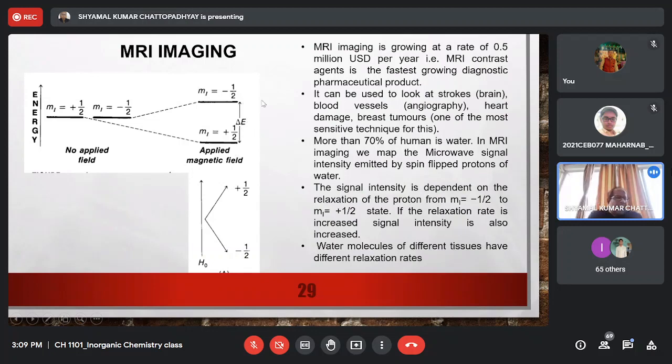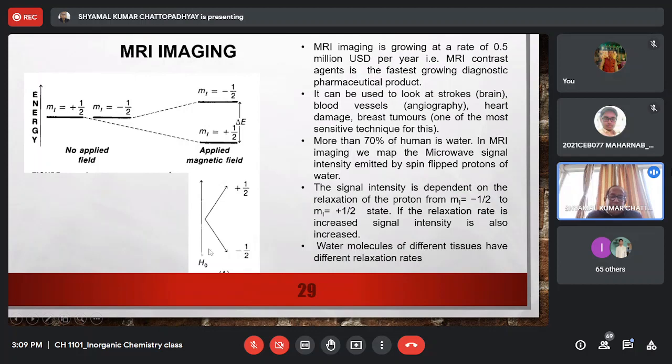Usually, you can use radiation of the order of megahertz, say 100 to 1000 megahertz, to bridge this energy gap. And depending on the magnetic field, if you have a strong magnetic field, then you give higher megahertz radiation.